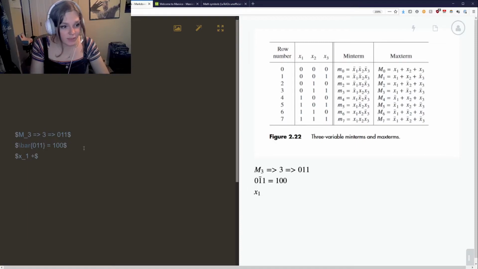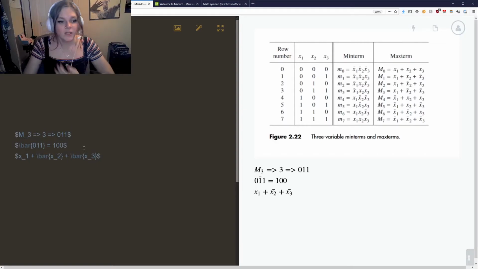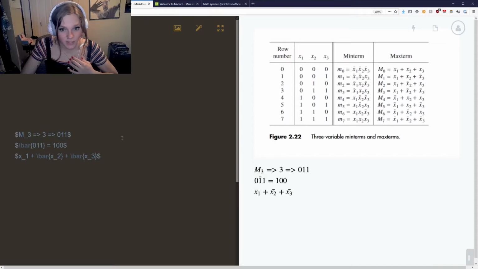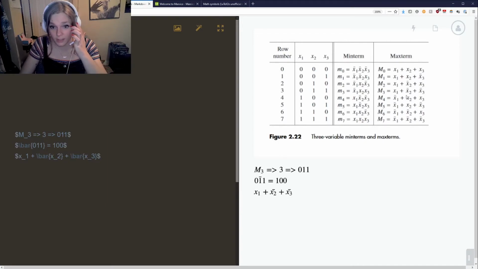Then we have a 0, so we get the complement of x2. The next digit is also a 0, so that means the complement of x3. That is our expression for the max term m3. We can double check looking at our table: m3 is x1 or not x2 or not x3, the exact same equation that we got here.